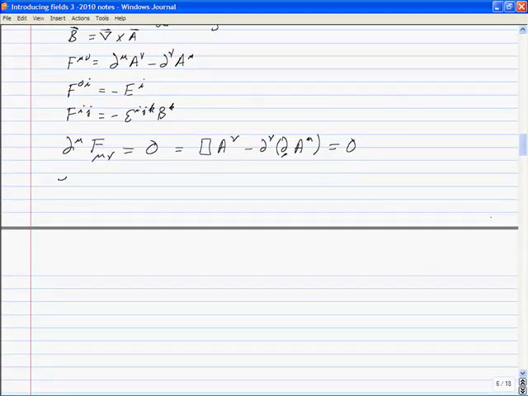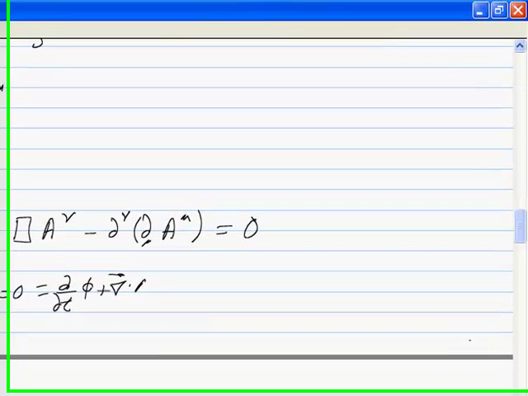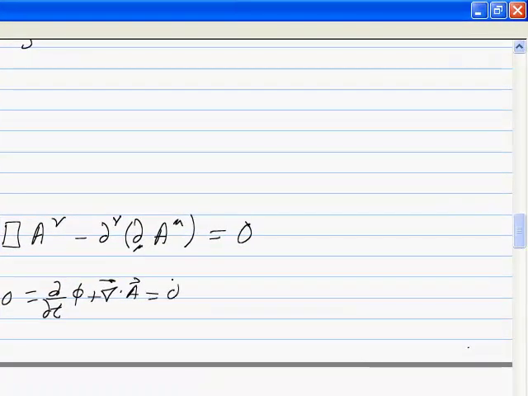We typically will choose Lorentz gauge. In this class, I'm pretty sure we'll always do this, which is d mu A mu equal to 0. Or again, d by dt of phi plus del dot A equals 0 to write it out. Then this thing turns into box A nu equals 0.